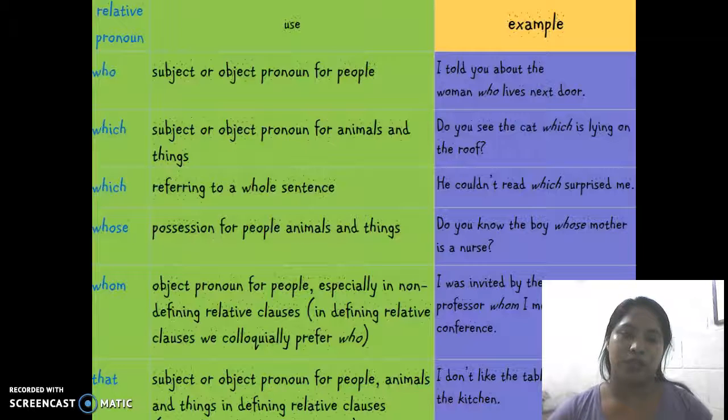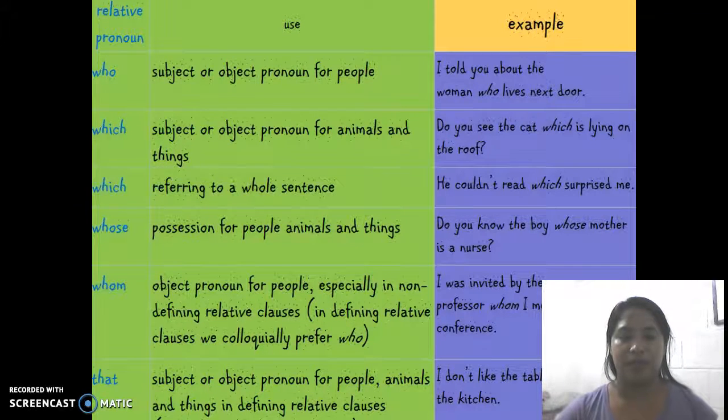In defining relative clauses, we colloquially prefer who. You also have to know that whom is more formal than who. So if you want to make a very formal sentence, you have to use whom. The example is, I was invited by the professor whom I met at the conference.